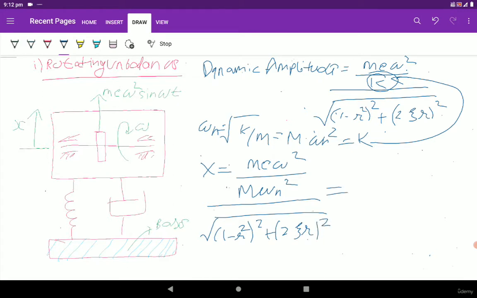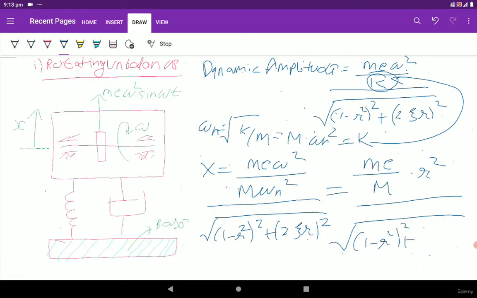If we further simplify, we get small m times eccentricity divided by capital M times r square divided by under root of (1 minus r square) whole square plus (2 zeta r) whole square. So this is the amplitude for the case of rotating unbalance.